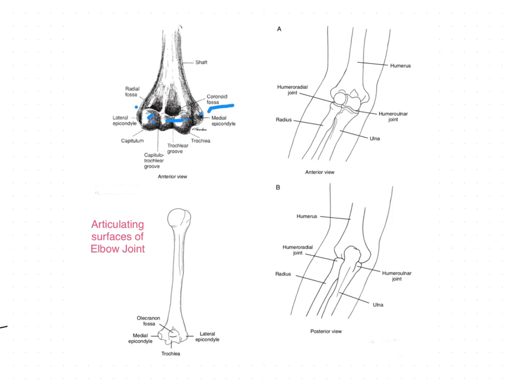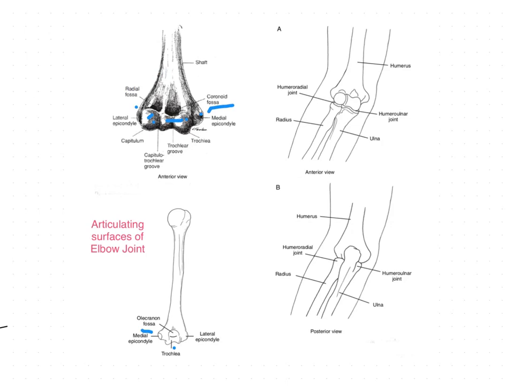Coming to the posterior aspect of the lower end of the humerus, it consists of the medial epicondyle and lateral epicondyle. Here some part of the trochlea we can see on the posterior aspect, and a deep indentation, deeper when compared to the anterior indentations, called the olecranon fossa.